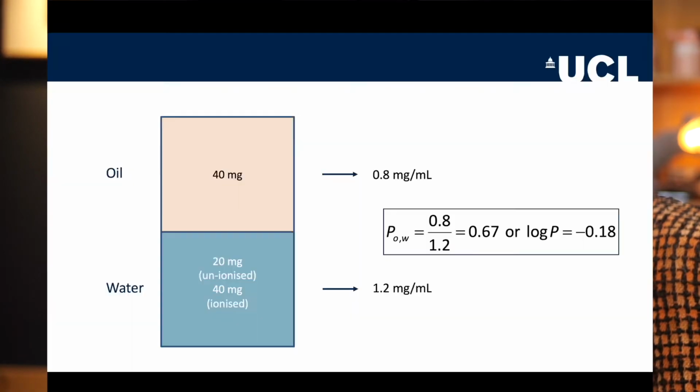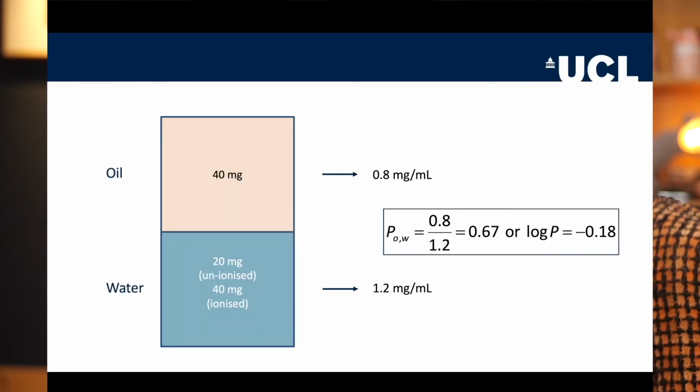Imagine, however, that the compound was able to ionize in water. We might end up with different amounts of compound in the two phases, as shown on the screen. Now we have 40 milligrams of compound in oil and 60 milligrams of compound in water, of which 20 milligrams is unionized and 40 milligrams is ionized.